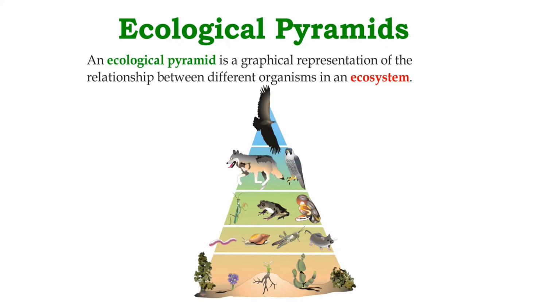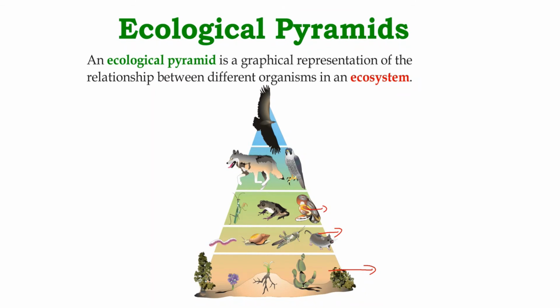So this relation between organisms about food, number, biomass, or energy can be shown in different diagrams. For example, in this part I show a pyramid shape in an ecosystem, so we call them ecological pyramids. A graphical representation of the relations shows the relationship between different organisms in an ecosystem. As we can see, at the bottom of this pyramid there are producers, then what?